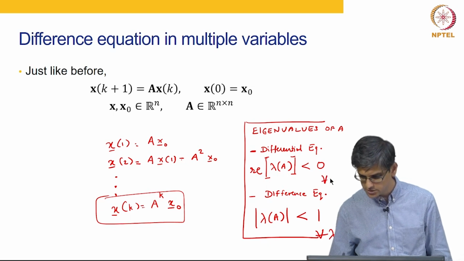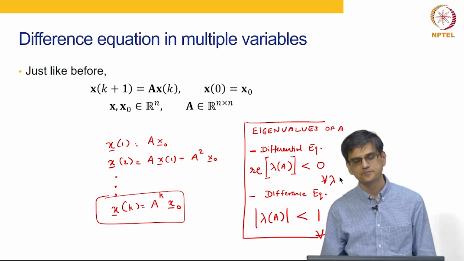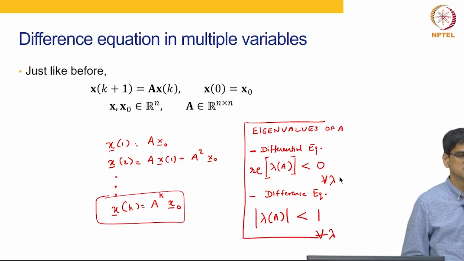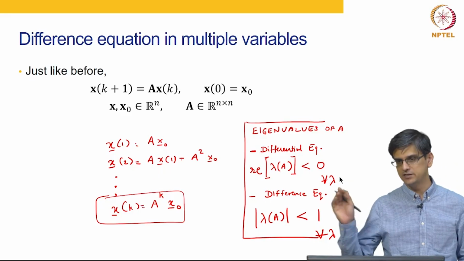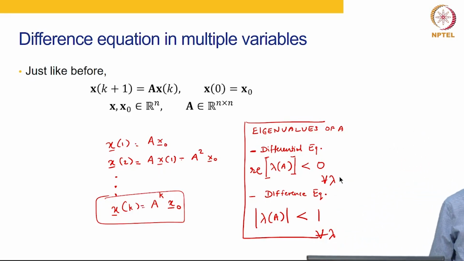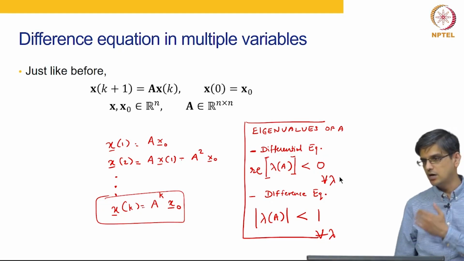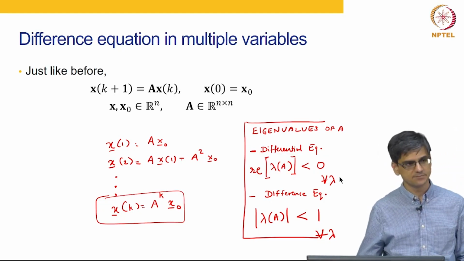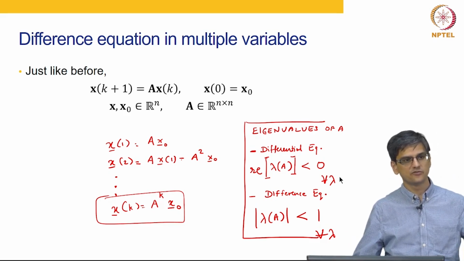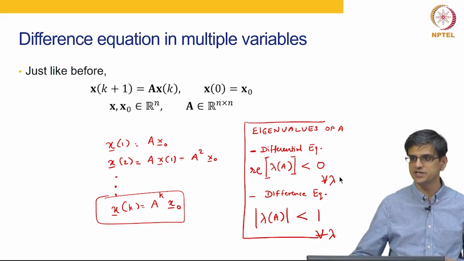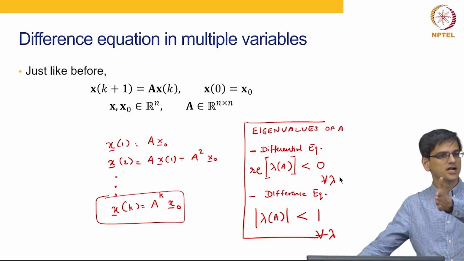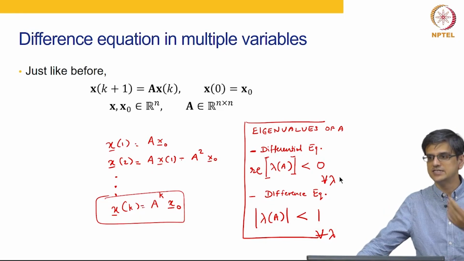Important thing is for all lambda, even if one of the lambdas is in the right half plane in the continuous case or outside the unit circle in the discrete time case, the system is unstable. So, let us say in the discrete time case, if the 3 lambdas are 0.2, 0.4 and 1.5, it is unstable.